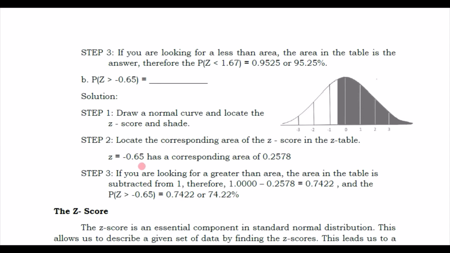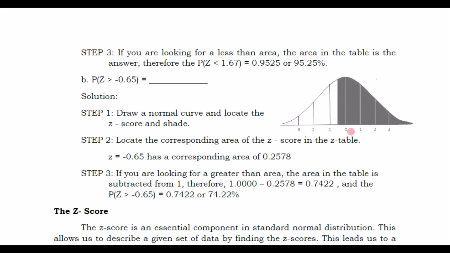Okay? Kaya lang, itong 0.65 na to ay nag-start dito. Okay? Dito sa part na to hanggang dito. Okay? So, yung laki na yan, itong 0.2578, ito yung white na part, yung walang shade. Ito yung 0.2578. Okay? So, hindi naman ito yung pinahanap sa atin, di ba? Ito yung kabila, yung shaded part.